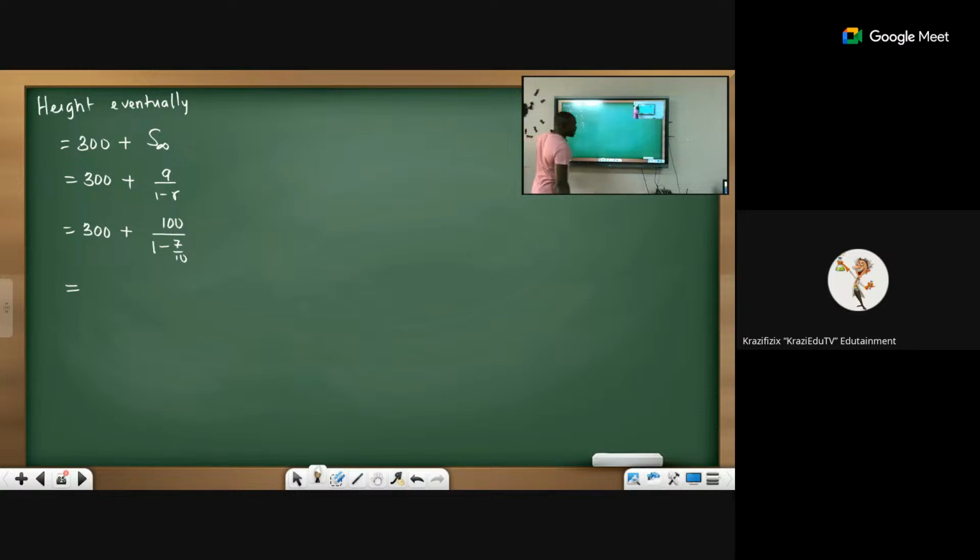Height eventually will be 300 plus sum to infinity, a over 1 minus r. First growth, 1 minus 7 over 10. What will the height be? Let's get a calculator there. You have 3 over 10. What will the height be eventually?